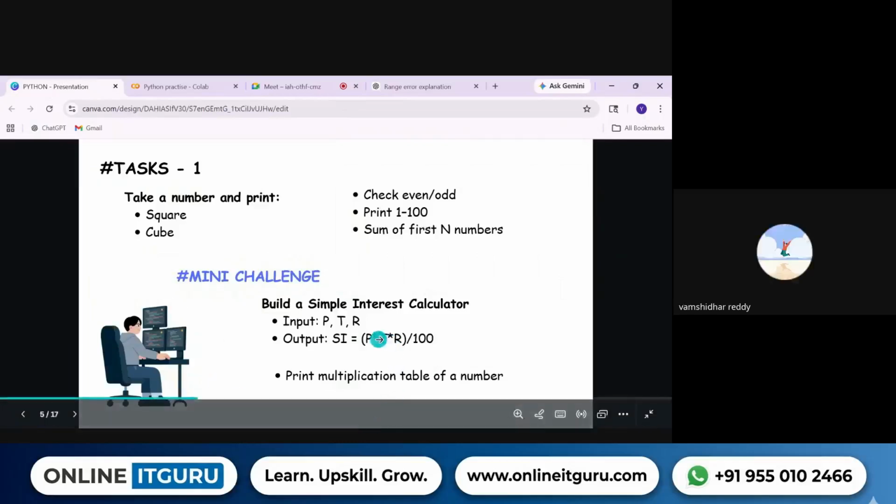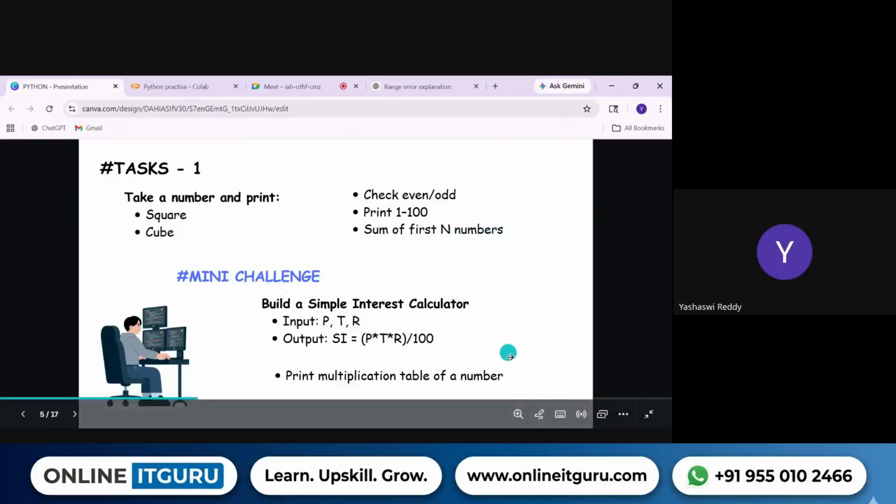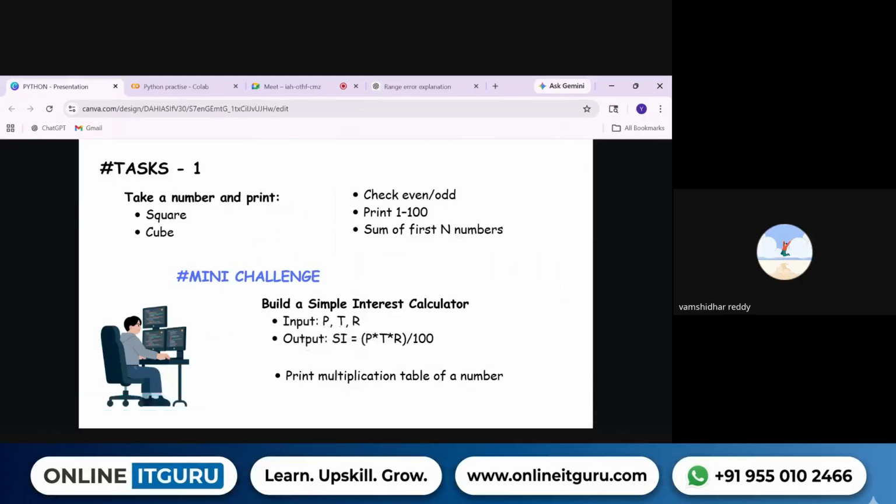Yeah, I'm getting your screen. See, we are done with writing the square of numbers, cube of numbers, even, odd, and 1 to 100 numbers, which you printed and added. Now I want you to do this challenge. Build a simple interest calculator. Okay, I will do that. I will do it as homework, definitely.